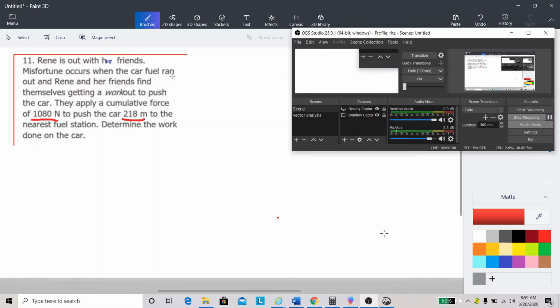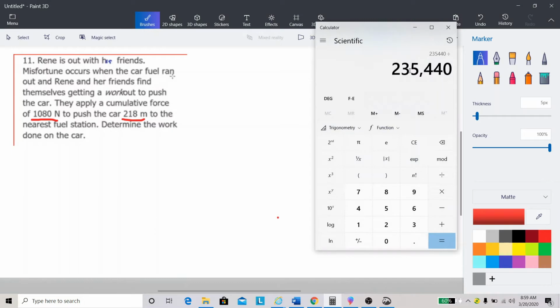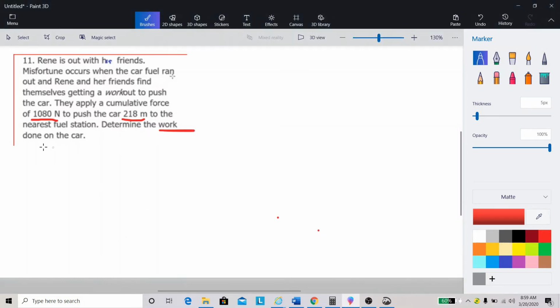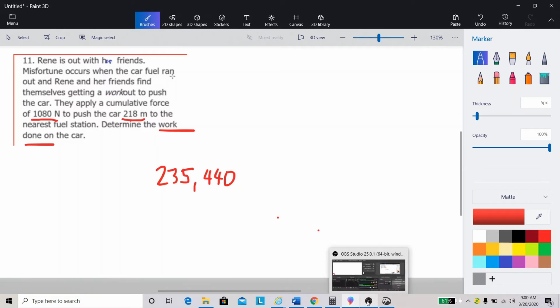Ayan lang. The work done on the car will be 235,440. Okay, I hope this one will help.